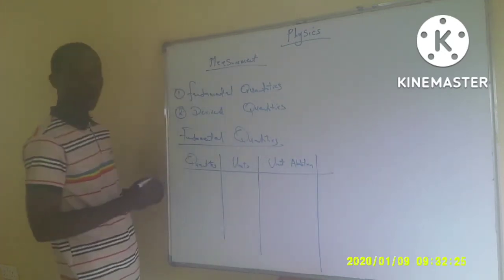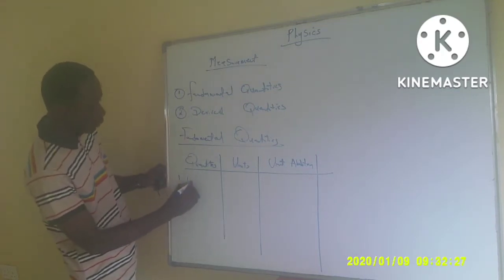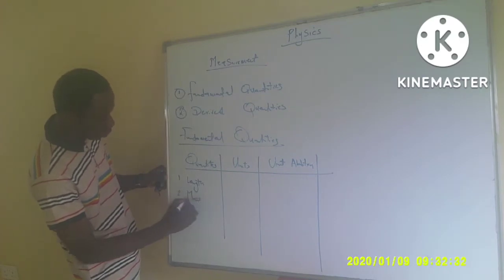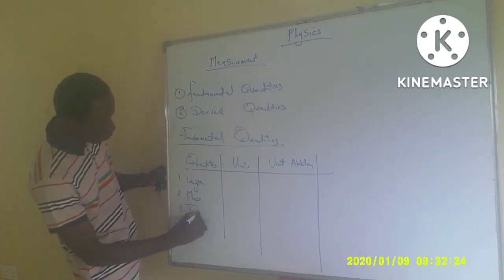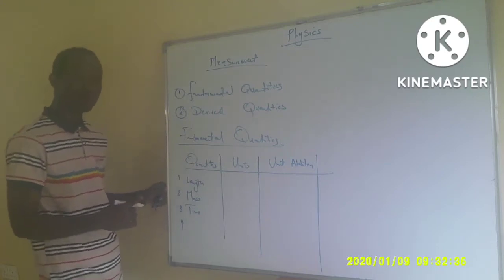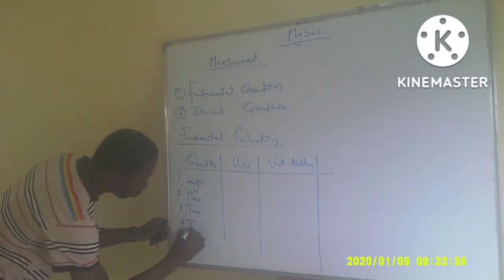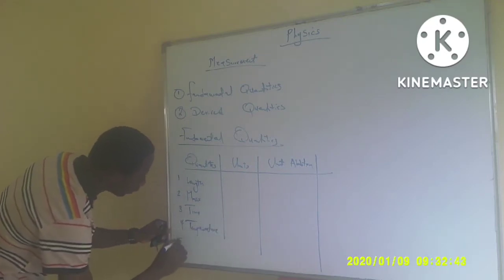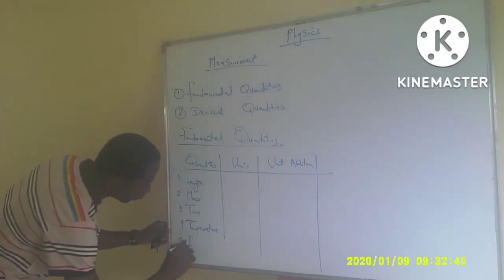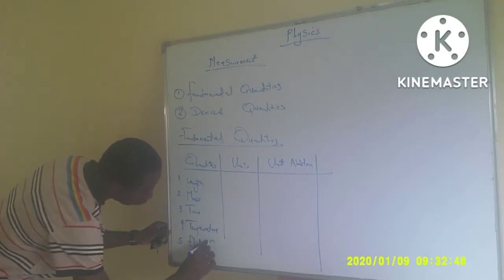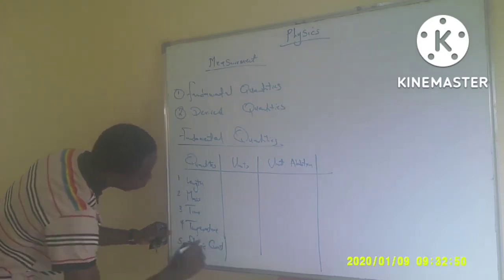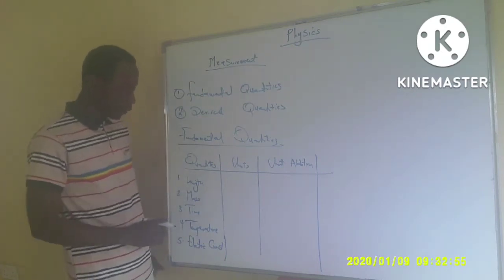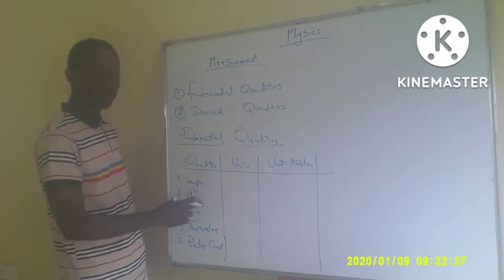The main quantities are: one, we have the length, two, we have the mass, and three, we have the time, then we have temperature, then we have the electric current. But the most important ones of all these five are the length, the mass, and the time.